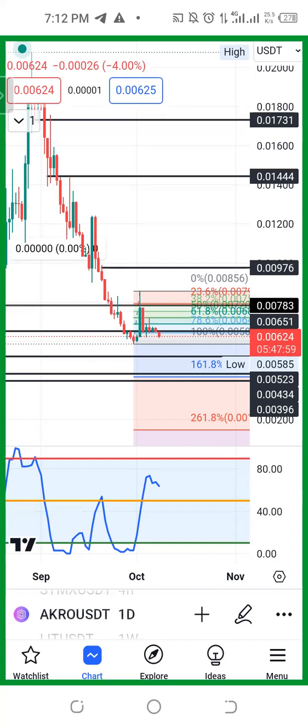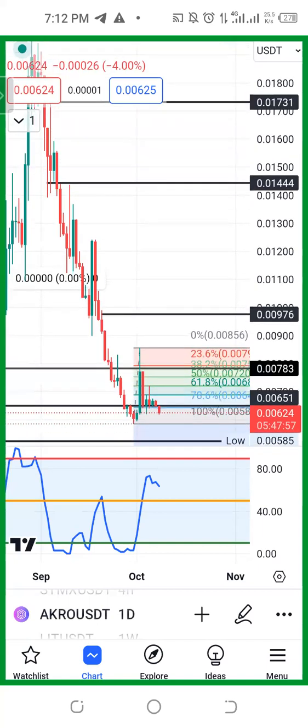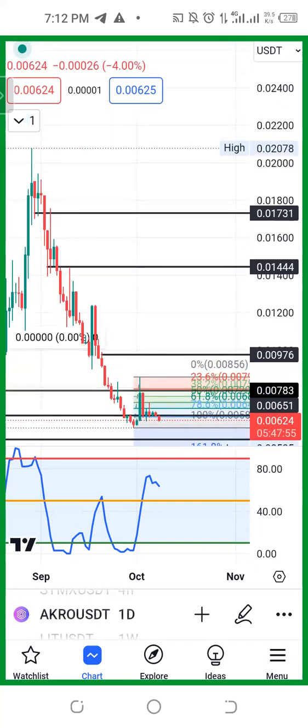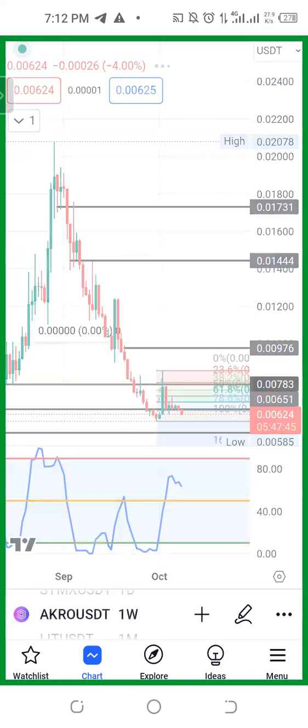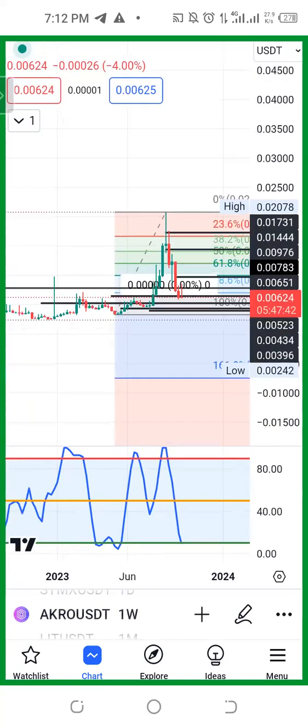So most of us that are in this trade, we need a lot of patience. And you can see that black line, those are the prices that will enter this coin. If I go to the 1 week, you can see the 1 week is showing us that it's coming up.